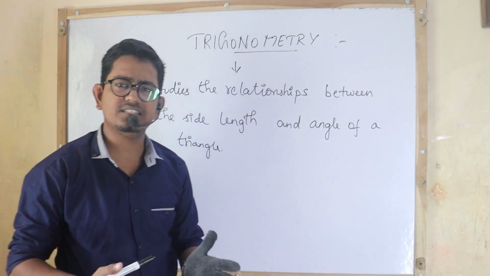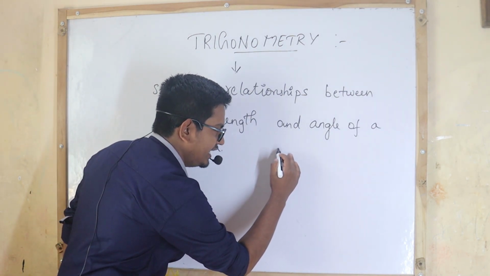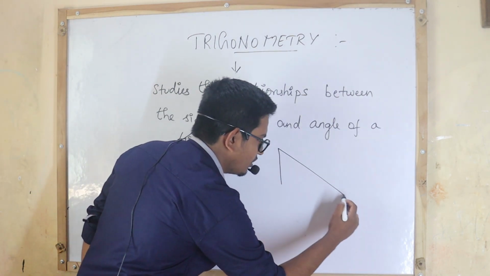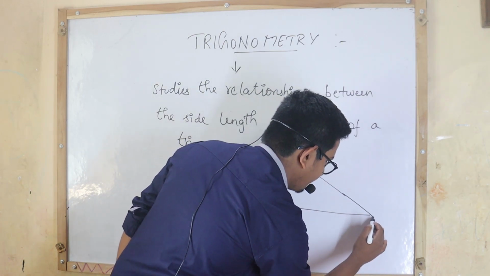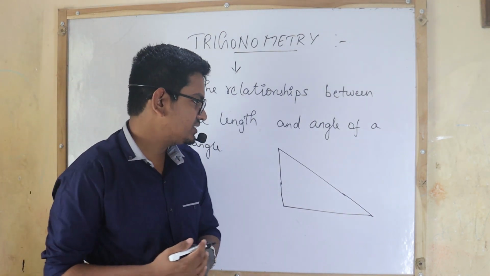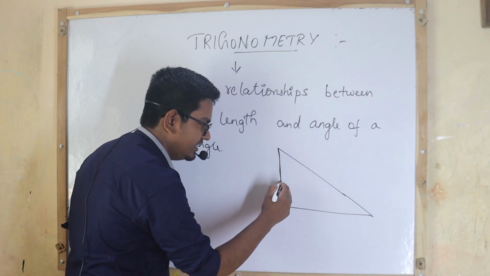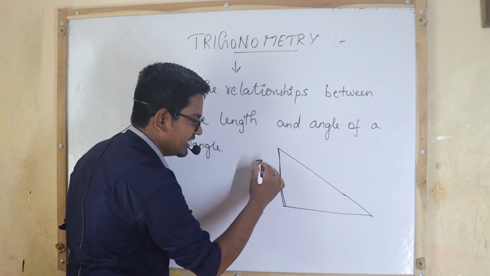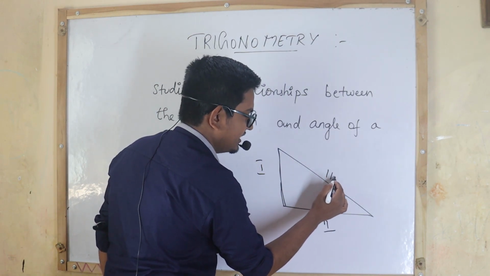Let us try to understand. For example, if I am having a right angle triangle, mostly in trigonometry we use a right angle triangle, right? As you can see here, I am having three sides. Here's my first side, let it be the first side, the second side, and the third side.